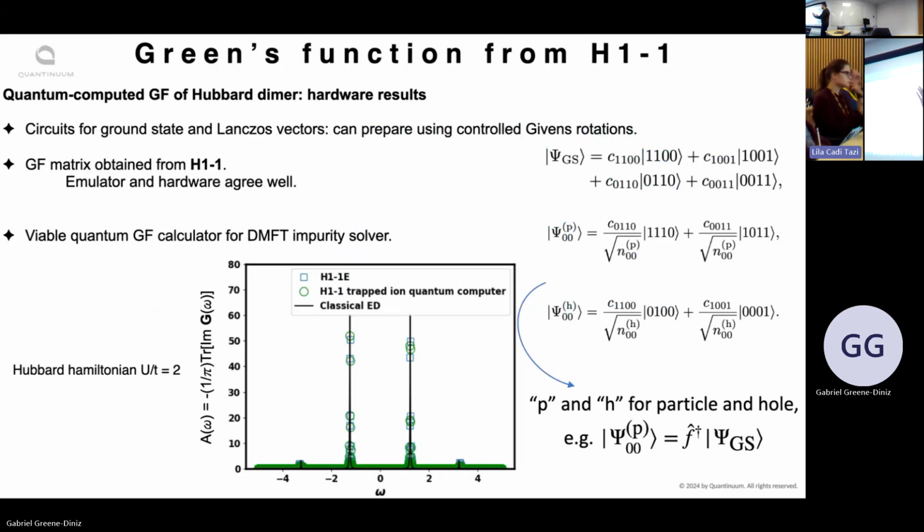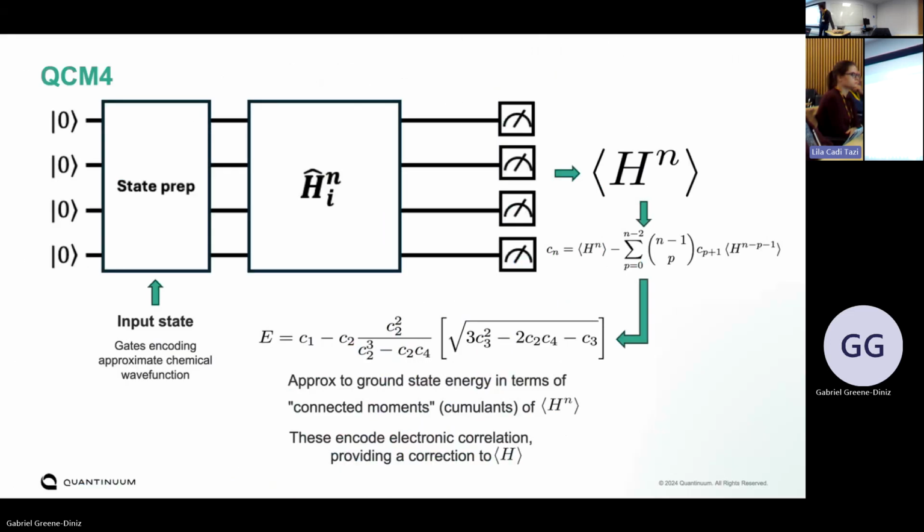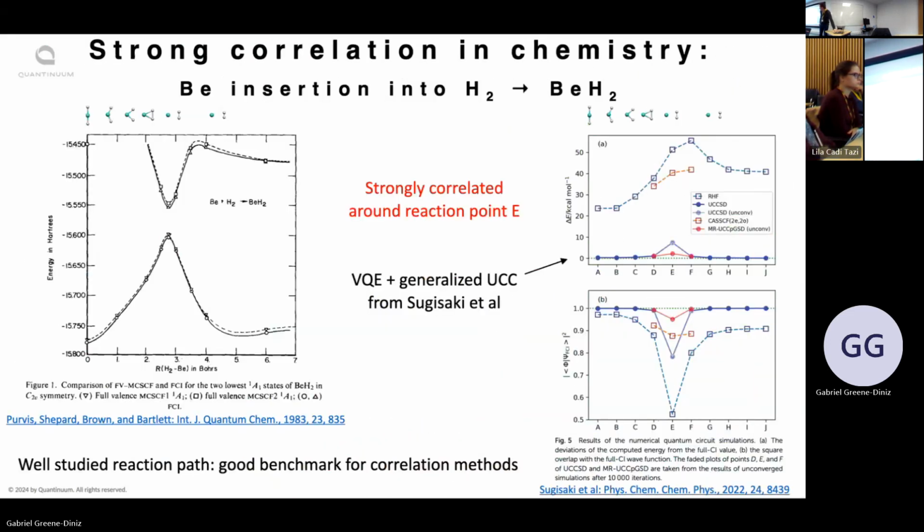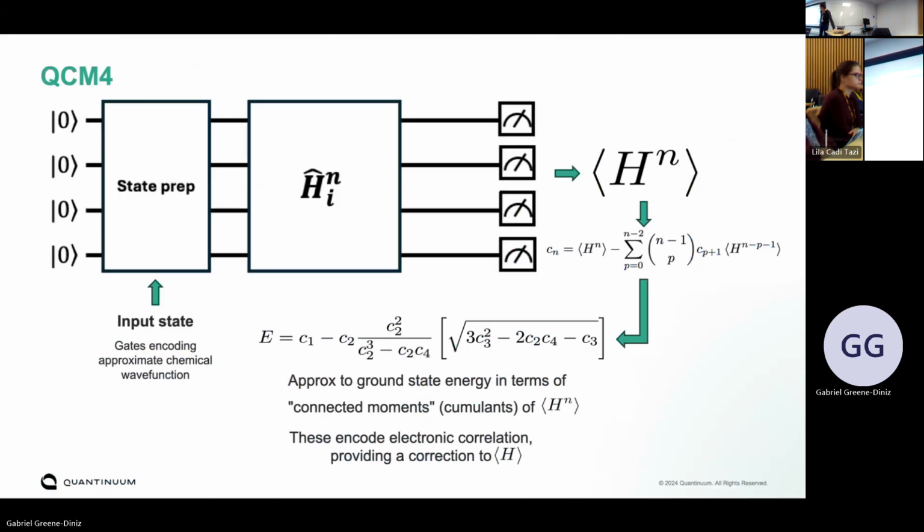Then we have those states on a circuit, and we apply the Hamiltonian moments, just like we did before for the energy. But now our state prep is this ladder-operated ground state, made again by Givens rotations.